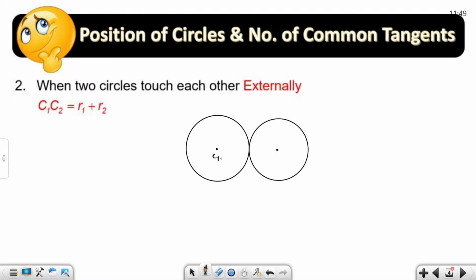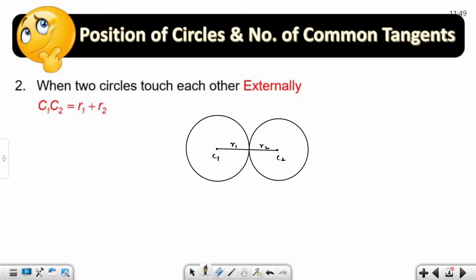These two are the centers of the respective circles, and the distance between the centers of these two circles is nothing but R1 plus R2.